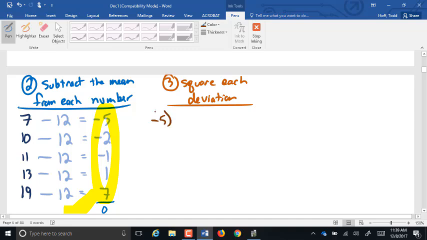So negative 5 squared is, now if you're working on your calculator, remember, this is where you have to put parentheses around a negative number to square it. Otherwise, your calculator is going to try to tell you negative 25, which is wrong. Negative 5 squared is negative 5 times negative 5, should be a positive 25. Negative 2 squared is 4. Negative 1 squared, 1.